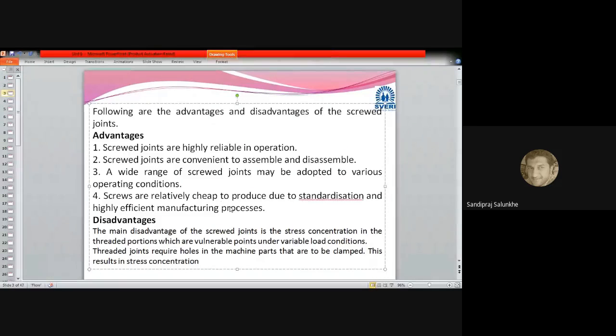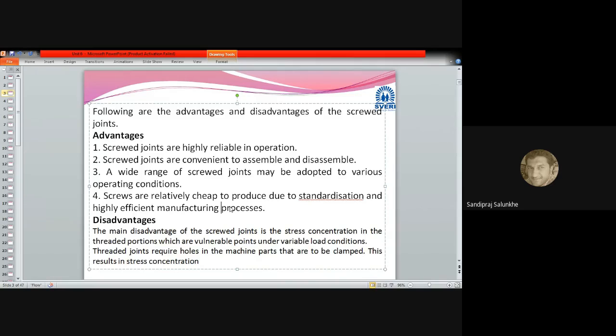A bearing is also a standard part, which the designer does not have to design. We just have to select it, and we have seen that in the case of belts, we are not going to find the stresses induced in the belt. We just select the belt from the manufacturer's catalog.